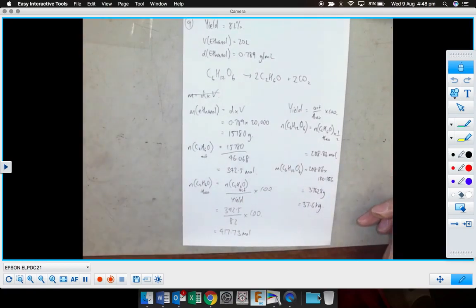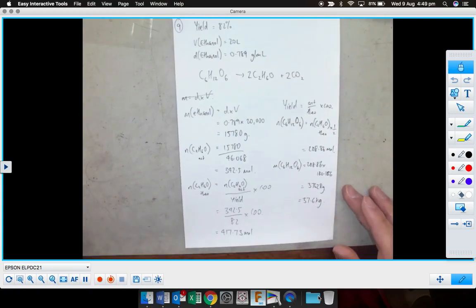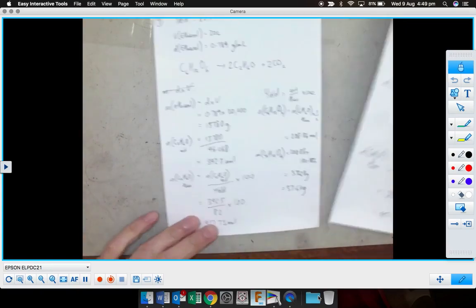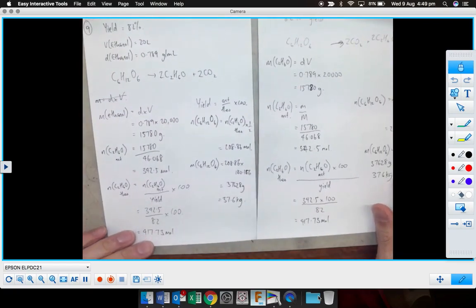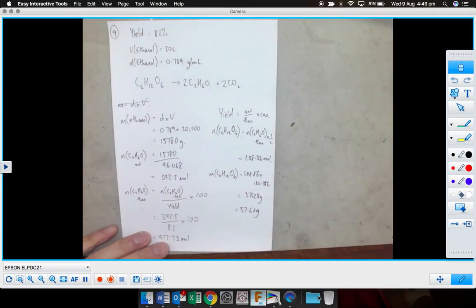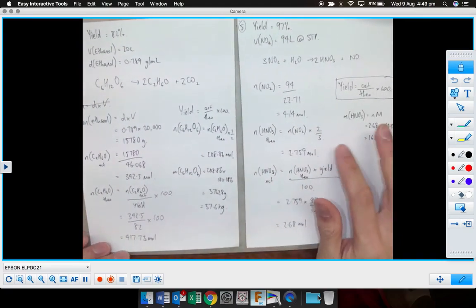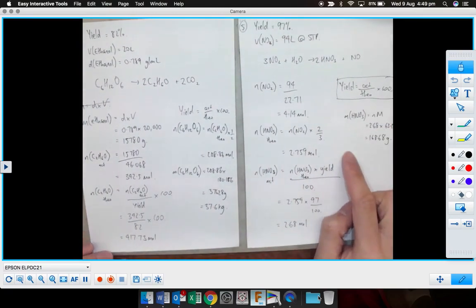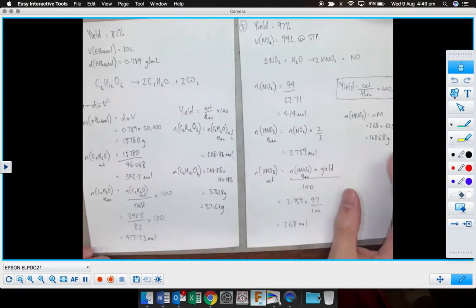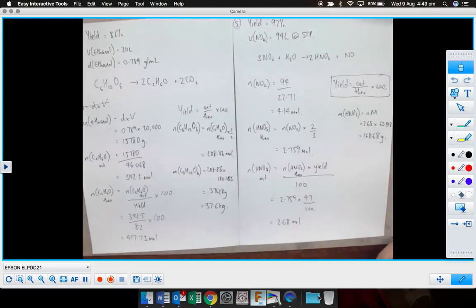Right. And so that is how you work out the amount needed from a certain product. Just keep in mind these two here. This one here, question number 5, asked you to work out how much is actually produced from what is supposed to be produced.